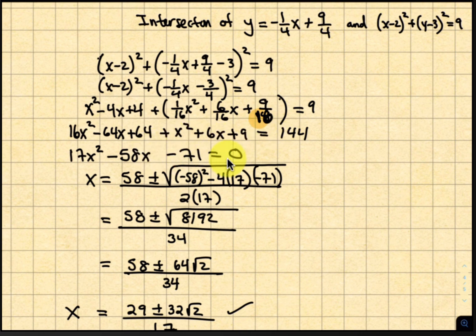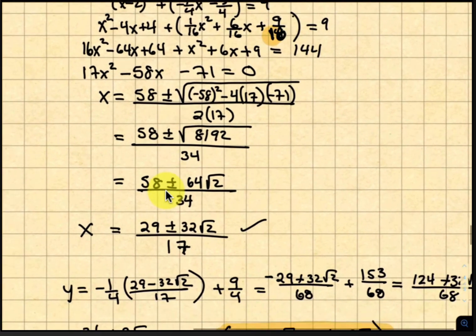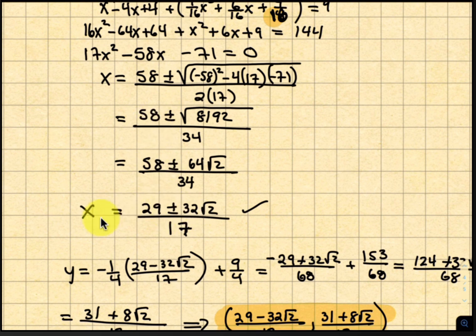Then we collected the like terms and set it equal to 0, so we end up with 17x squared minus 58x minus 71 equals 0. This is not factorable, so we have to solve using the quadratic formula. After simplifying, we have x is equal to (29 plus or minus 32 square root of 2) over 17. Now you have to plug that back into the linear equation to get y.